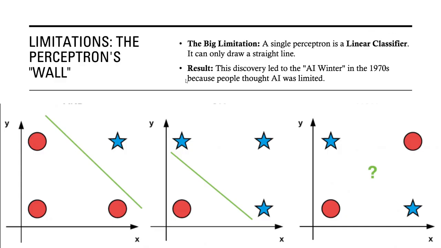So now, what are the limitations of the perceptron? The biggest limitation of the perceptron is that it is a linear classifier, which means it can only draw a straight line. We saw this in the previous lecture with an SVM, where SVM is only possible for linear classes, which is why we use a kernel function and make it into a higher dimensional space.